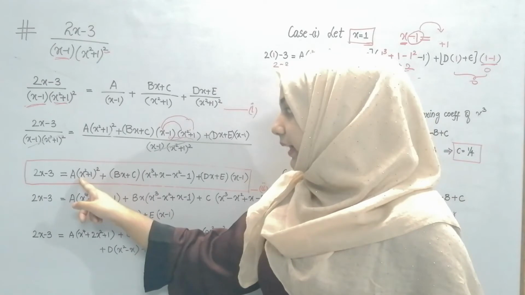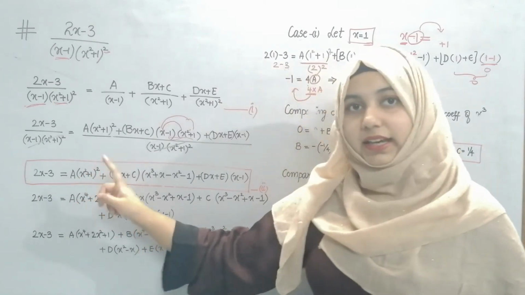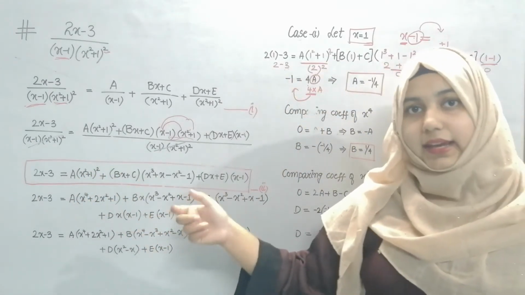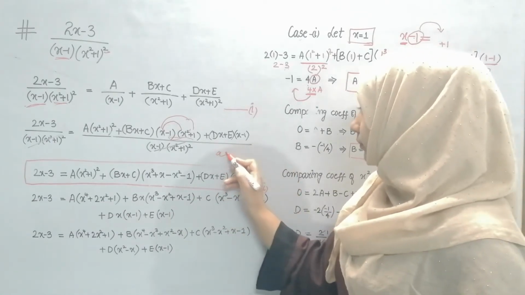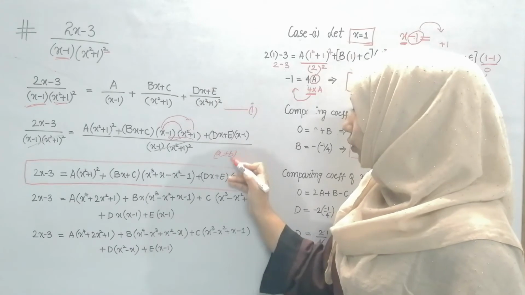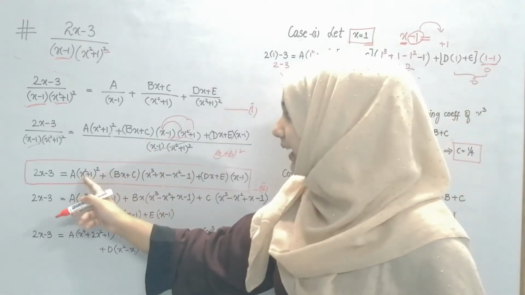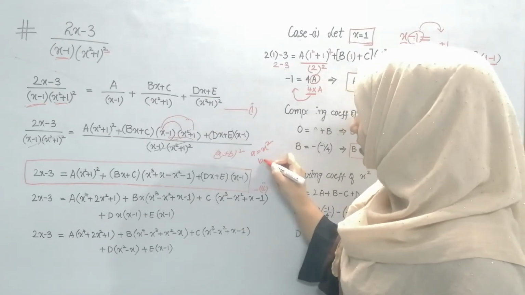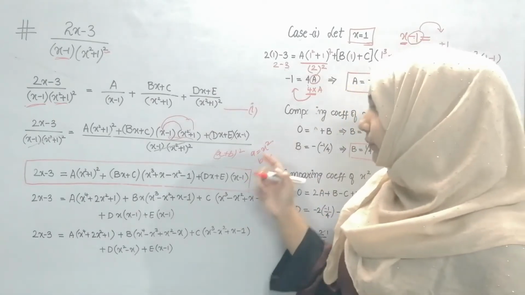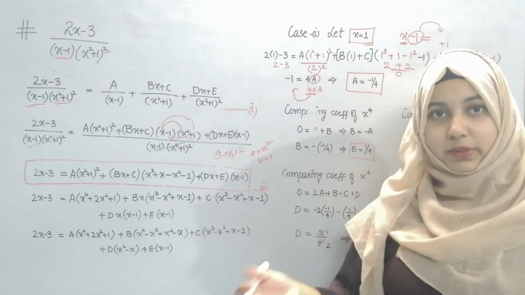Also here, x square plus 1 whole square is in the form of a plus b whole square, right? Where a is x square and b is 1 here. So the formula will be a square plus 2ab plus b square, right?